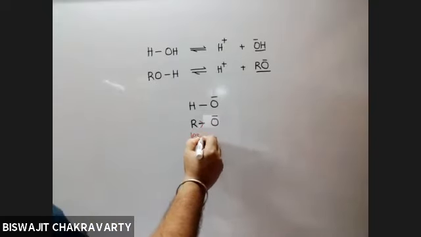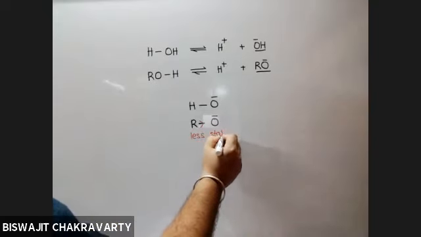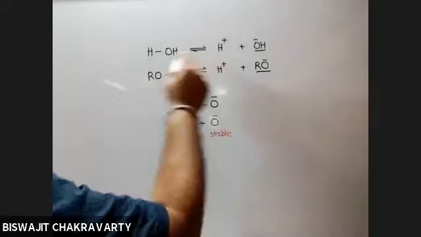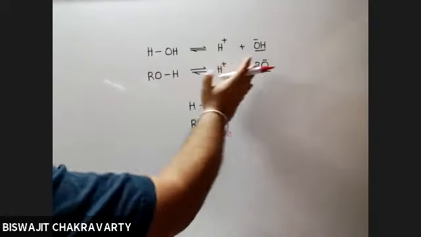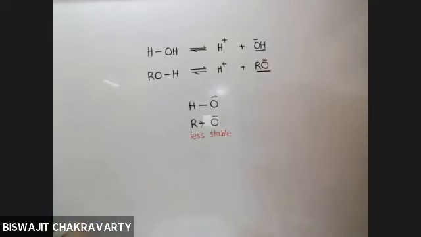Okay. If this is less stable, that means out of these two reactions, the tendency of going in the forward direction will be more or less for alcohols? Less. If I tell you that if you go to that place, it is full of danger and you may kill yourself, will your tendency to go there be high or low? Low.